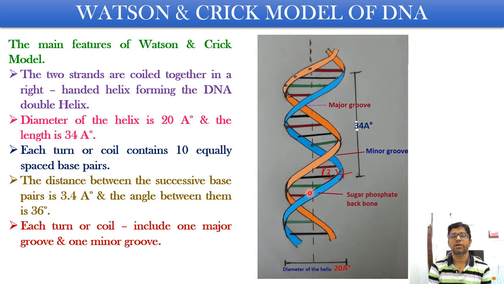Each turn consists of 10 equally spaced nitrogen base pairs, and the gap between two successive base pairs is about 3.4 angstroms. The angle between two successive nitrogen base pairs is 36 degrees. And each turn or coil includes one major groove and one minor groove.